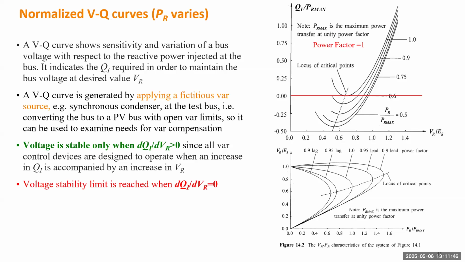Please notice that the group of VQ curves on the top corresponds to a power factor of 1, which means it only corresponds to one of those PV curves, the one which has a power factor of 1. So the whole set of VQ curves corresponds to just a single PV curve on the bottom, which is this one.